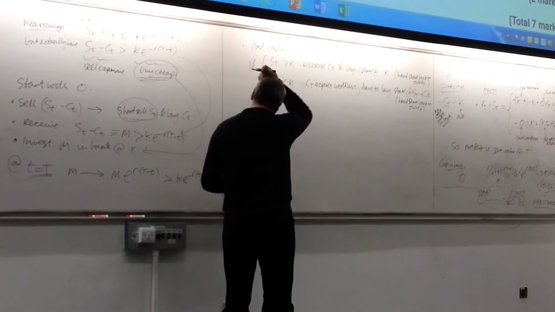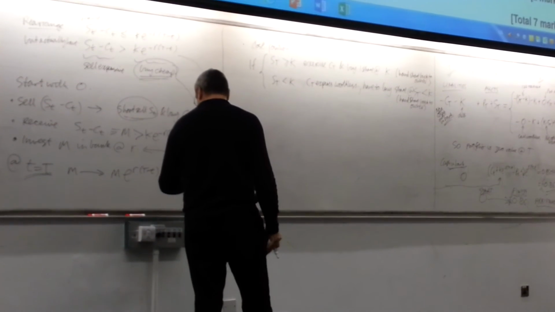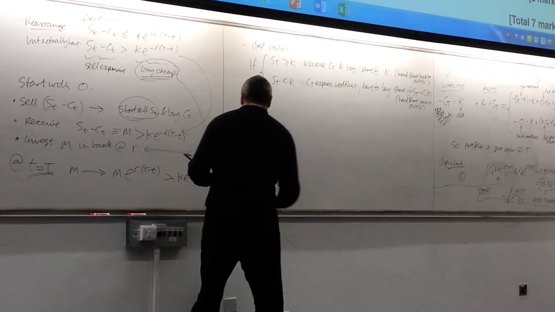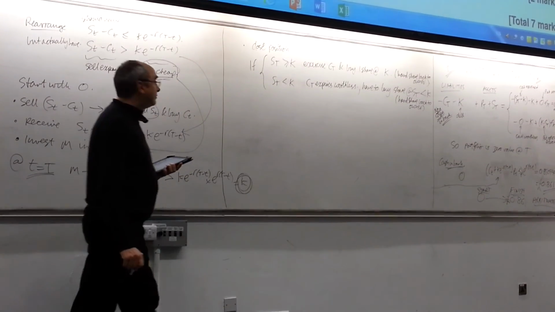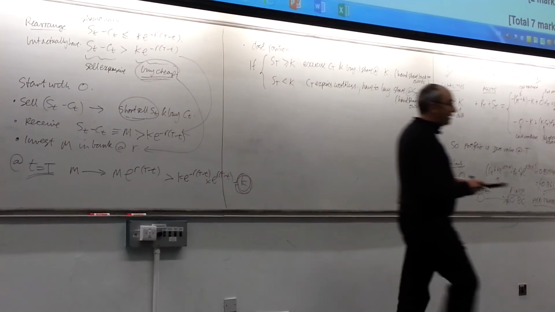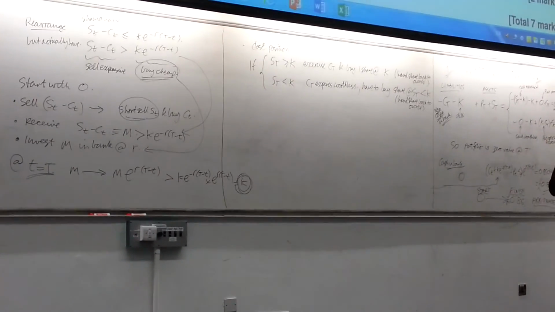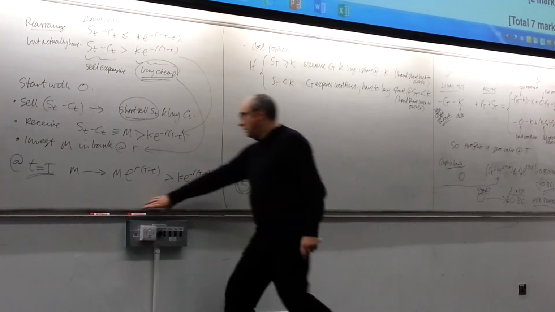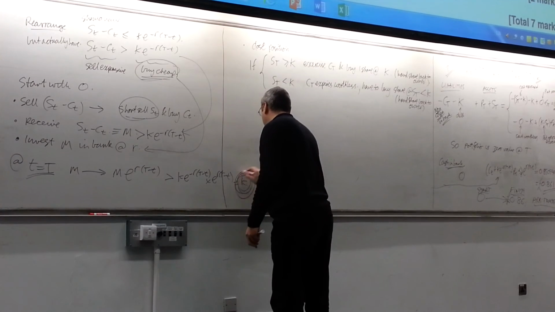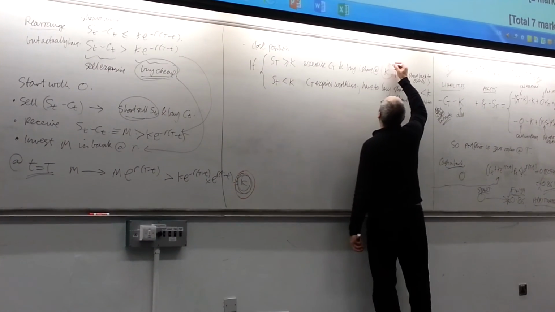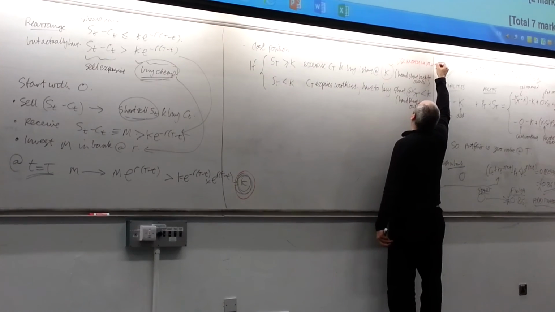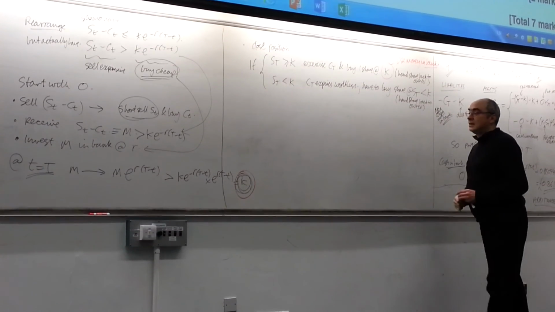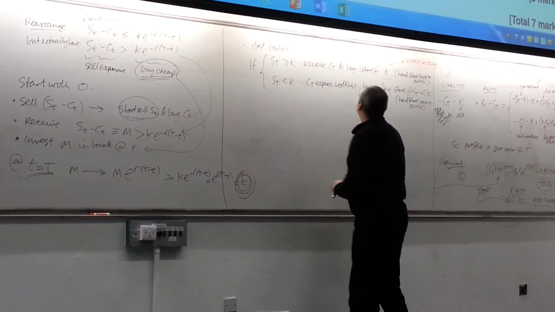So what does that give me then? Well, remember I've got K in the bank at expiry. So I can use the money in the bank to pay for that.